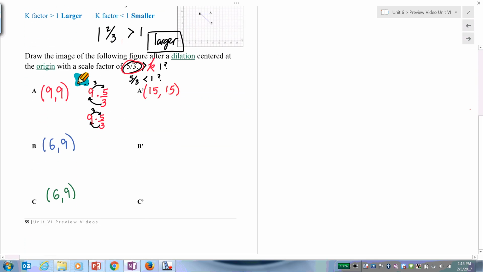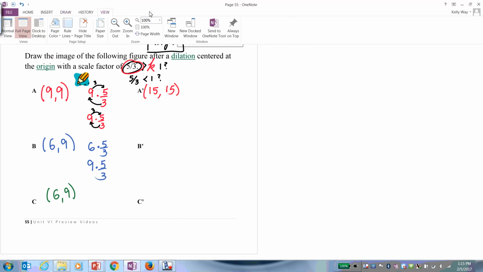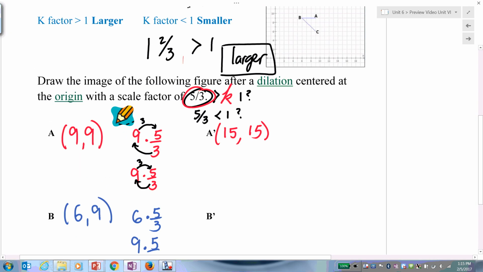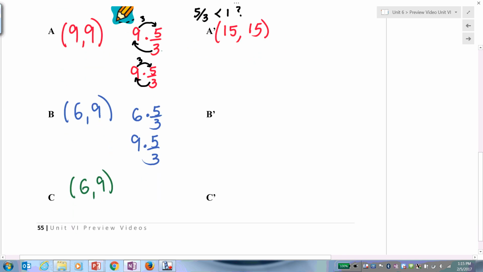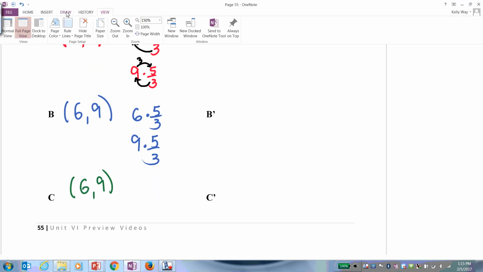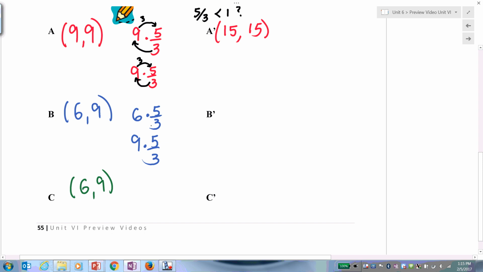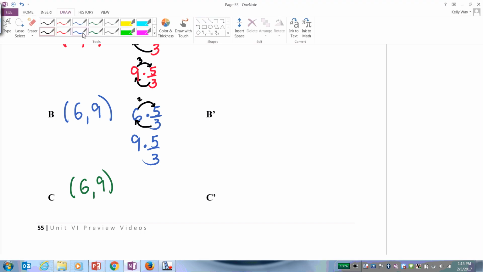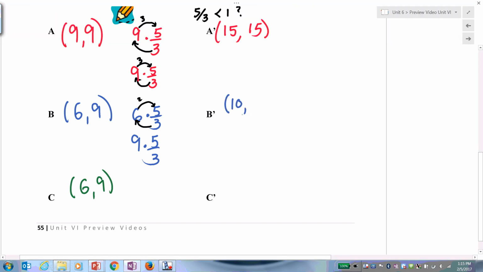Okay, let's try this one. Arrow in, arrow out. 6 times 5/3, 9 times 5/3. Yes, you already know what that is. Yes, you're going to do it again. Arrow in, arrow out. 3 goes into 6 twice. A little 2 there. 2 times 5 gives you your next coordinate, which is 10.